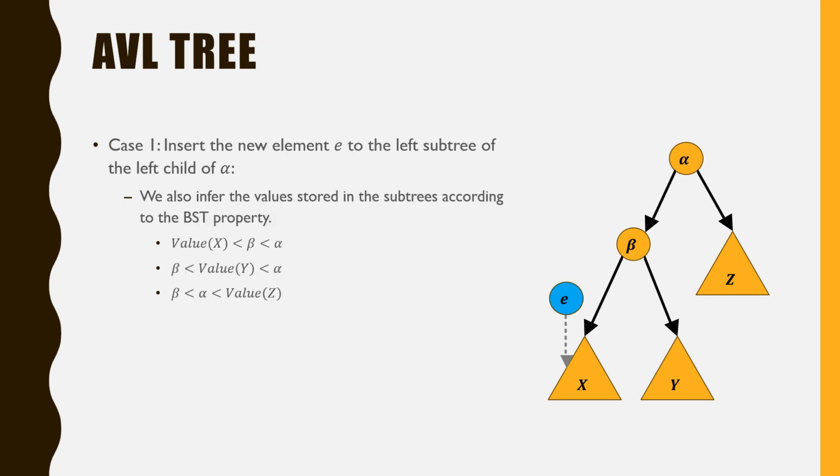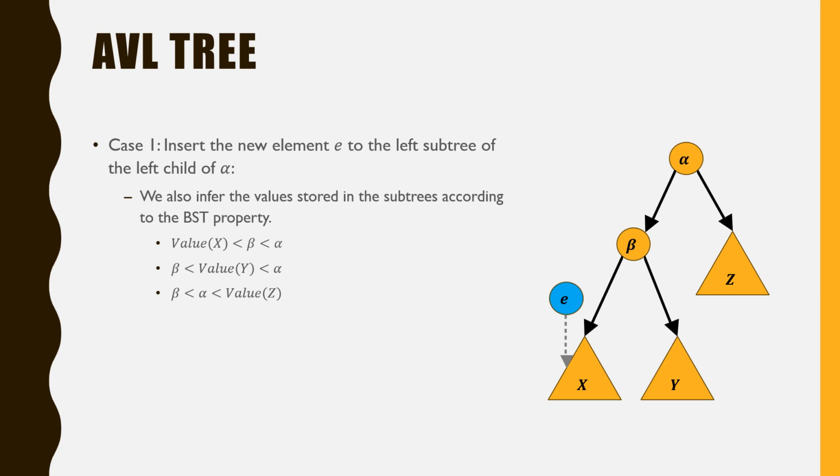After determining the heights of the subtrees, we also need to consider the values of the data elements stored within them. Recall that an AVL tree is also a binary search tree, meaning that it must satisfy the BST property. Since X is the leftmost subtree, the elements in X are smaller than both beta and alpha.